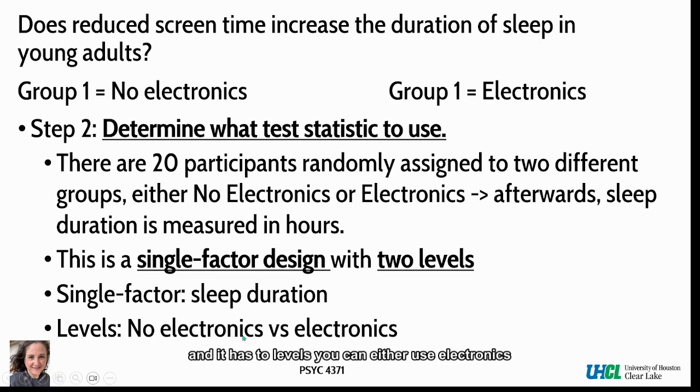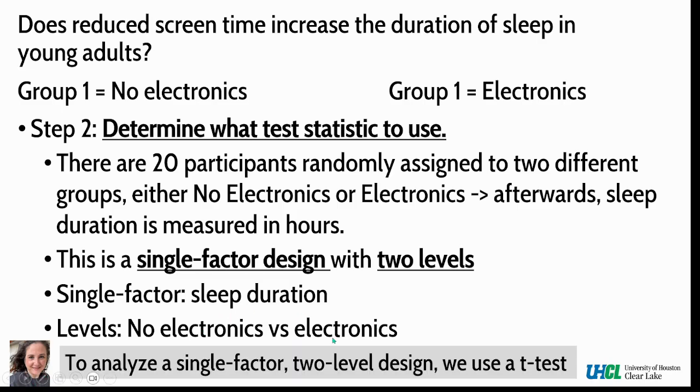You can either use electronics or you can not use electronics. So the appropriate test to analyze a single factor two-level design would be a t-test. You've got two groups, and we're looking at one particular factor broken into two levels. So a t-test is appropriate for that.